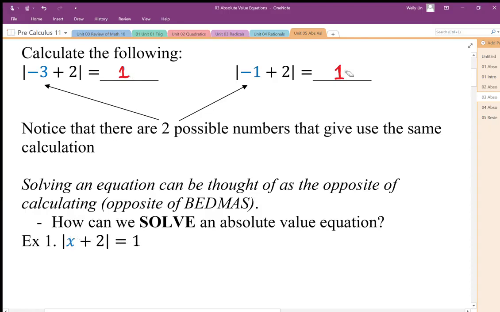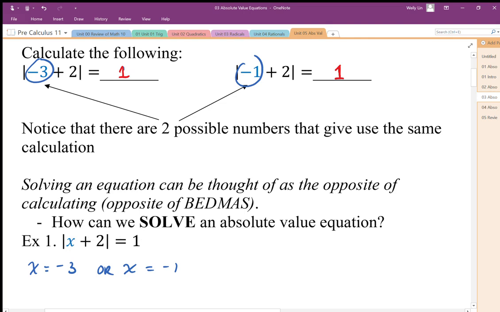We know the answer for x from the previous calculations: x is equal to negative 3, but x could also be equal to negative 1, because we see it here and here. So there are two possibilities for x that give us the same result of positive 1.